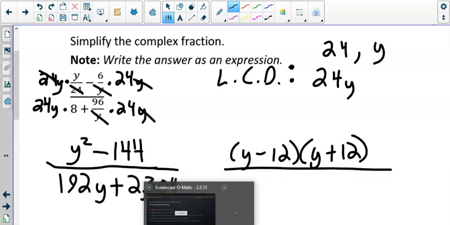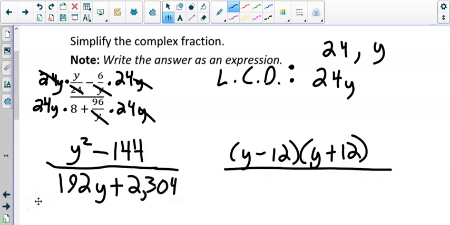All over. Now on the bottom, what kind of factoring are we going to do? We are going to pull something out. Use the GCF, I think. Or is it the LCM?